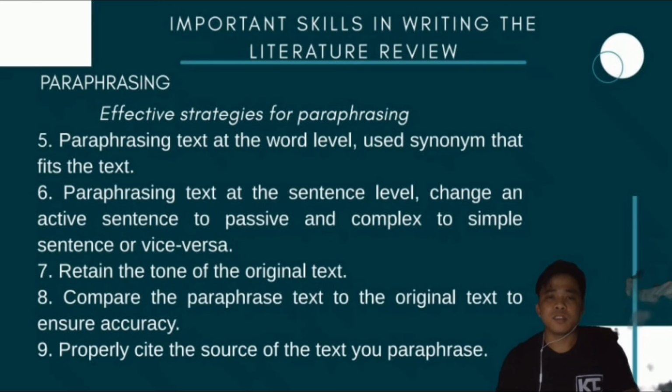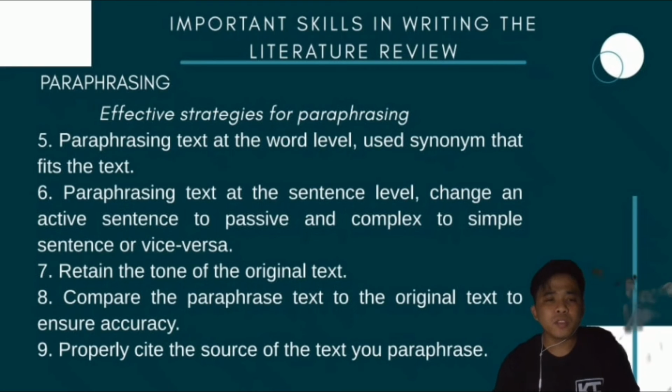So as I said, for a different word you can use a different synonym to change it. Sixth is paraphrasing the text at the sentence level: change an active sentence to passive, and complex to simple sentence, or vice versa. So seventh is to retain the tone of the original text.